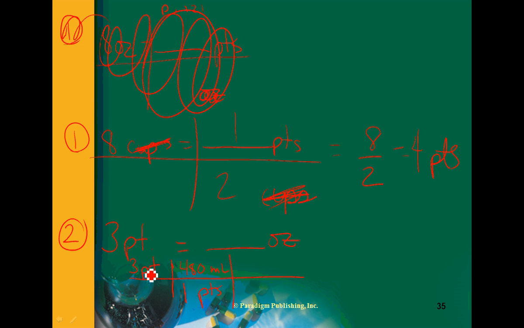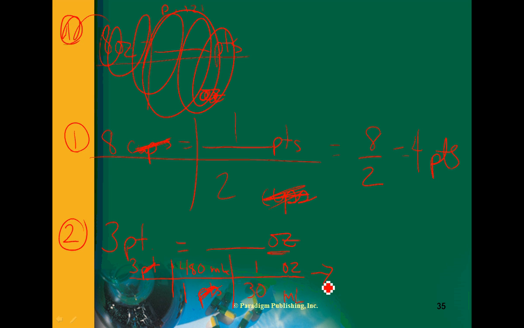Okay. And then we can cross our pints out because they take each other out. So we're starting over again here. But we need ounces so we can't stop. So if we have milliliters here, you have milliliters here. We know we have tons of things we can use for milliliters per ounce. So if we have 30 milliliters, that's going to equal 1 ounce.